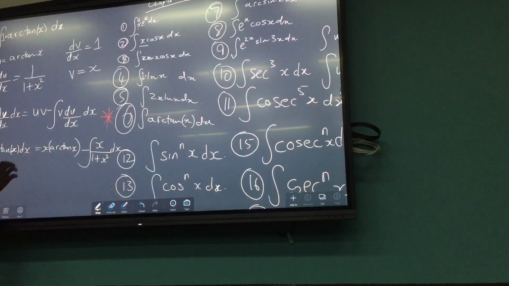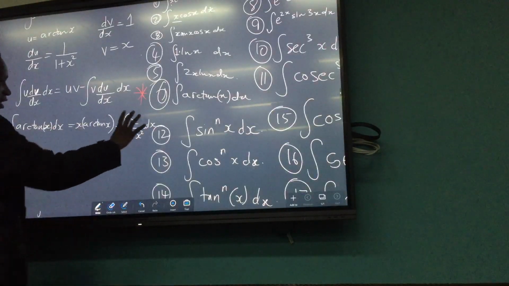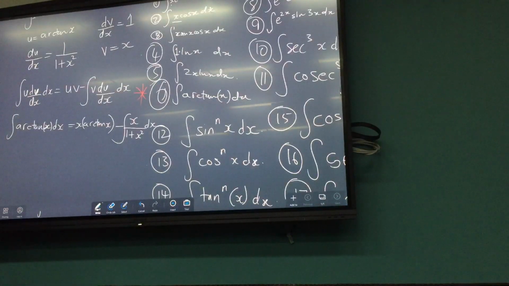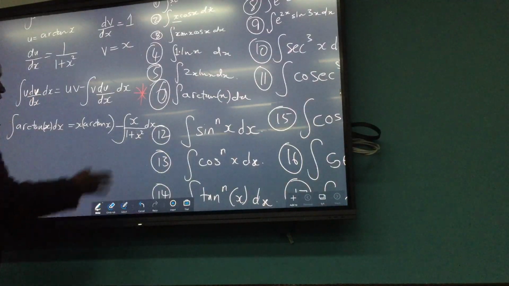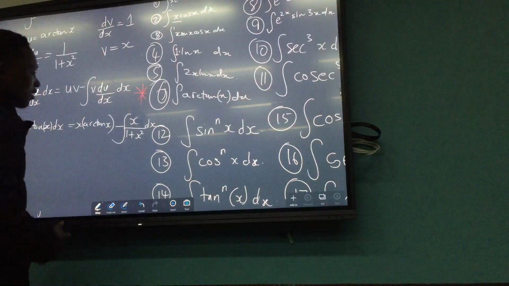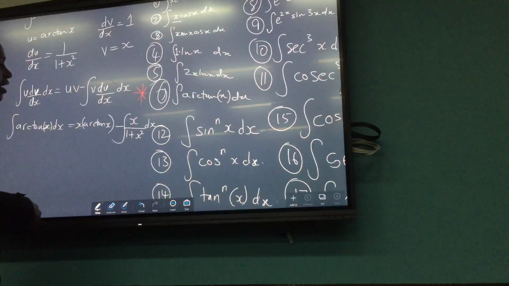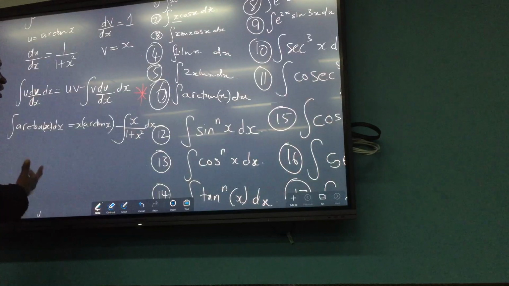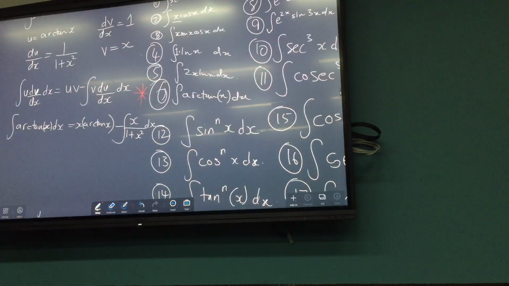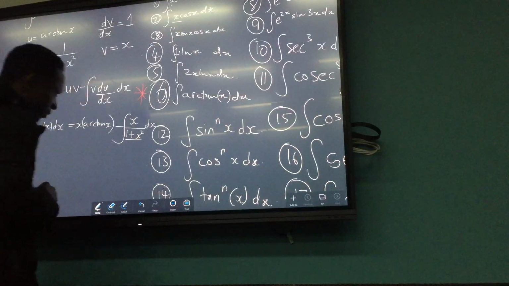Now we need to solve this integral that we created in the answer. This one is quite easy. You're going to use u substitution there because of the recognition aspect of integration. You look at your denominator, right?